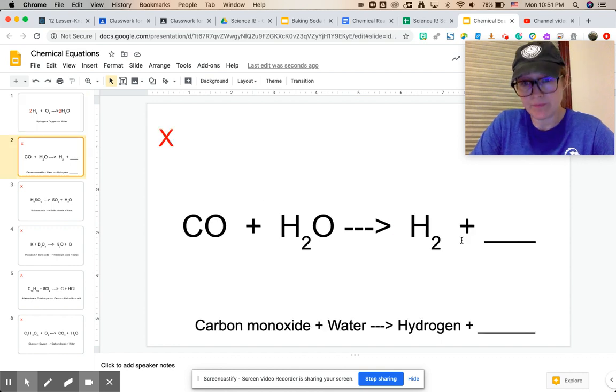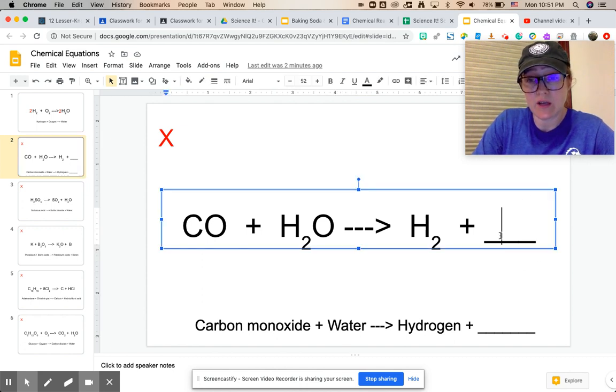Okay, this one, I have a blank here, so we're going to figure it out. This is saying carbon monoxide, CO, plus water gives us hydrogen plus something. And this something is a gas. Now I'm going to give you a little hint here. Whenever you see a gas, let's look here.